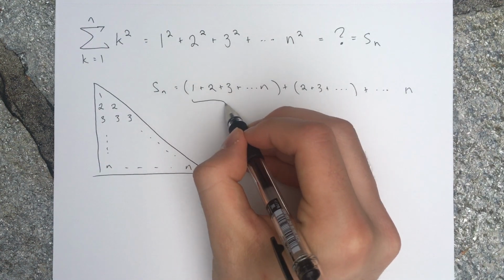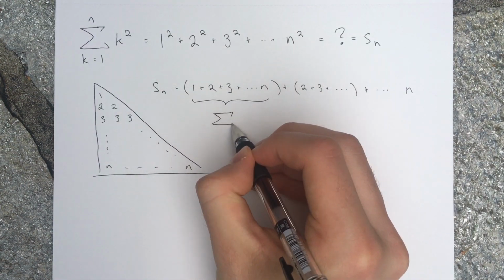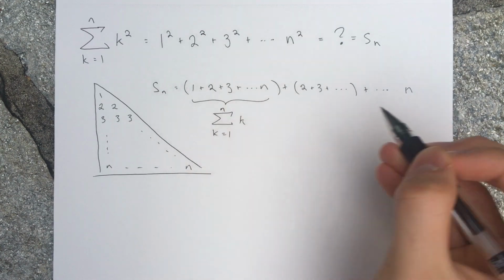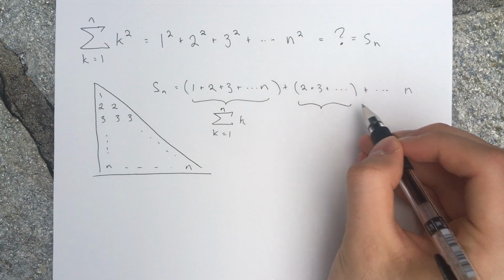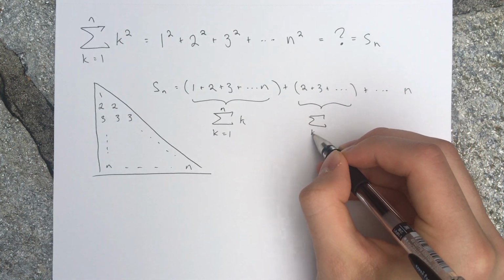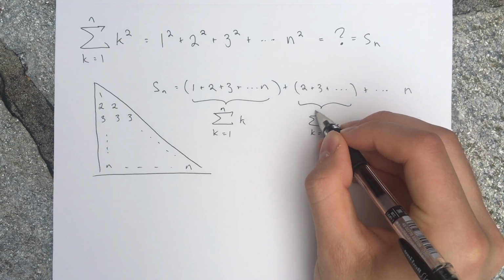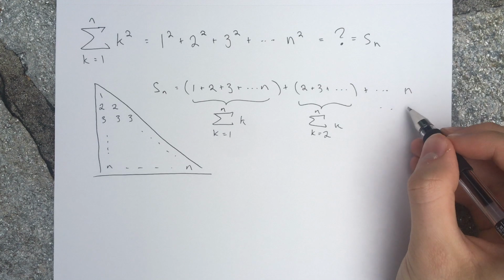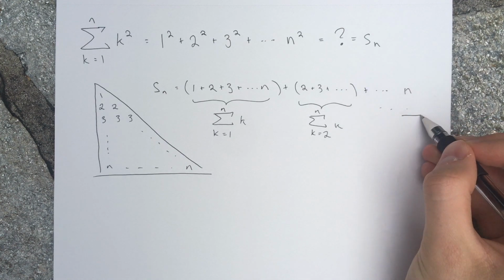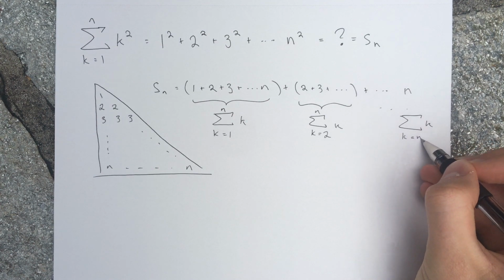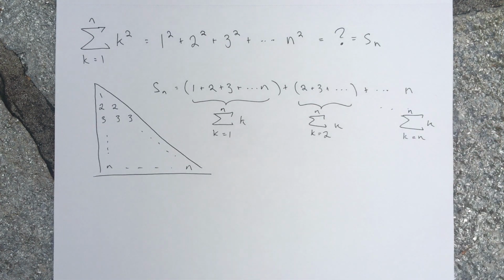This is basically just the sum of some index k starting from 1 to n. Okay, this is the same thing, but we start at 2 instead of 1. So k equals 2. And so on. Up until n. Well, we can just rewrite that as the sum of k from the starting point to n.